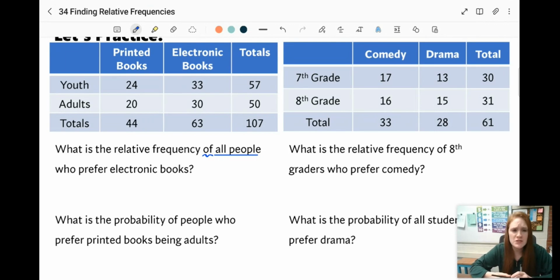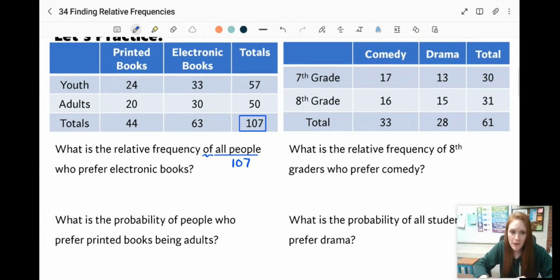Okay, so if we're looking for all people, this is why we talked about the last skill first, being able to answer questions. We know that there are 107 people, so I'm just going to write 107 underneath that. Okay, now we're continuing in all people. We're not going to jump up into the youth row.